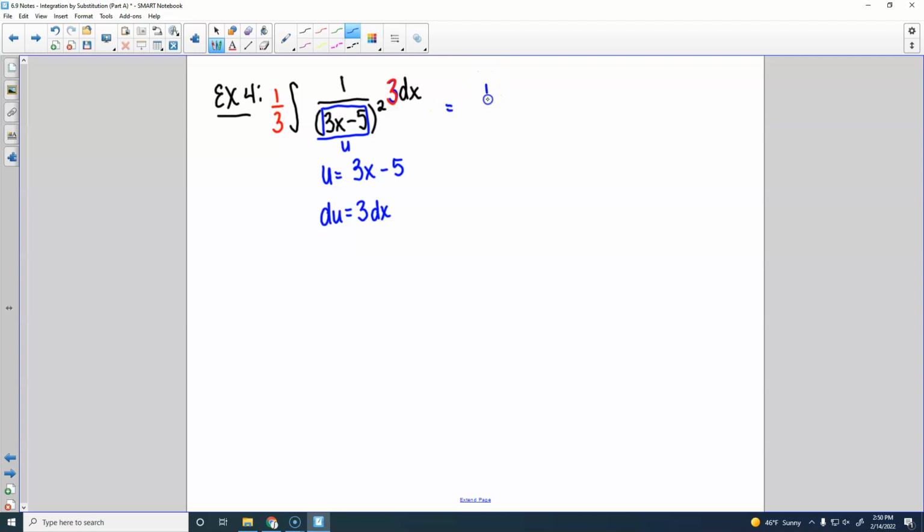Okay, so I'm going to have 1/3 integral of 1 over u squared du, because that stuff right there is u. This stuff right here is du. You may want to write it like this.